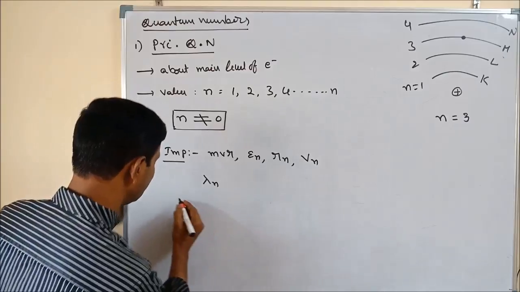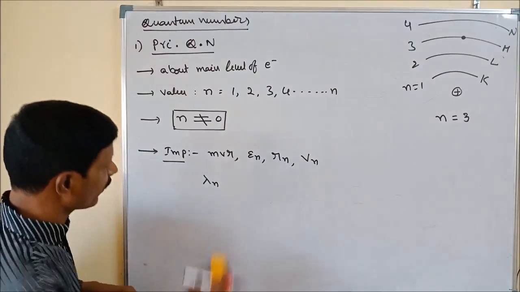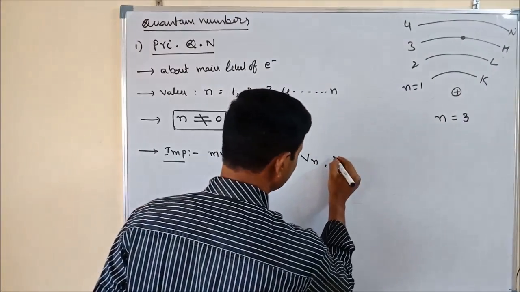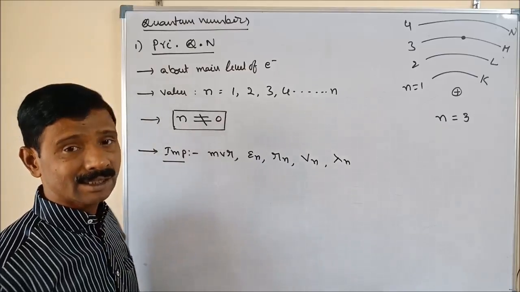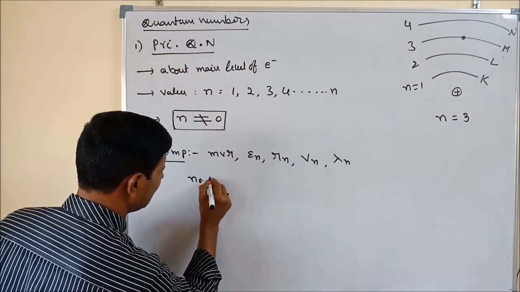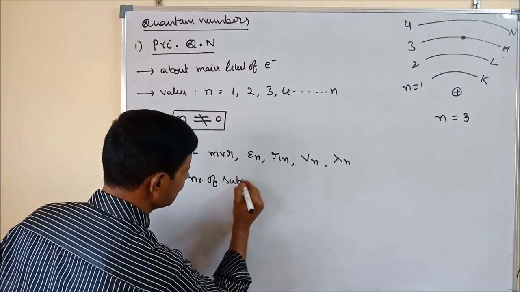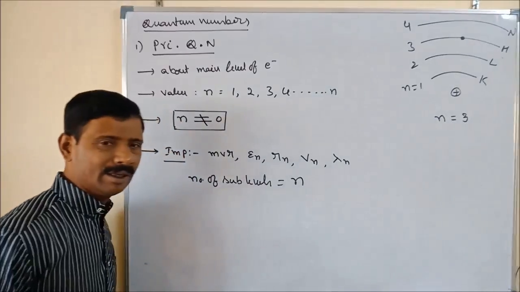Apart from this, another significance of the principal quantum number: since we have the main level, and in that there are sub-energy levels, the number of sublevels in a main level is equal to the n value.